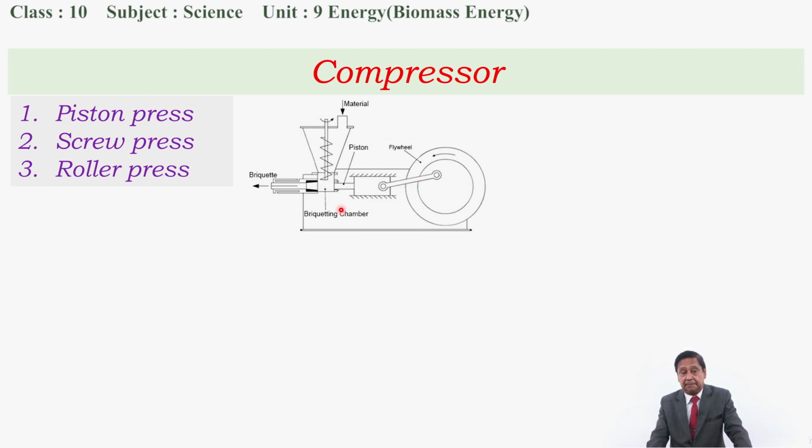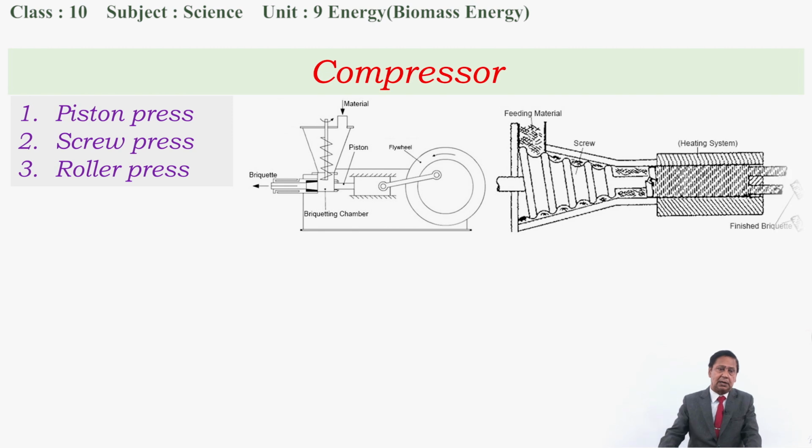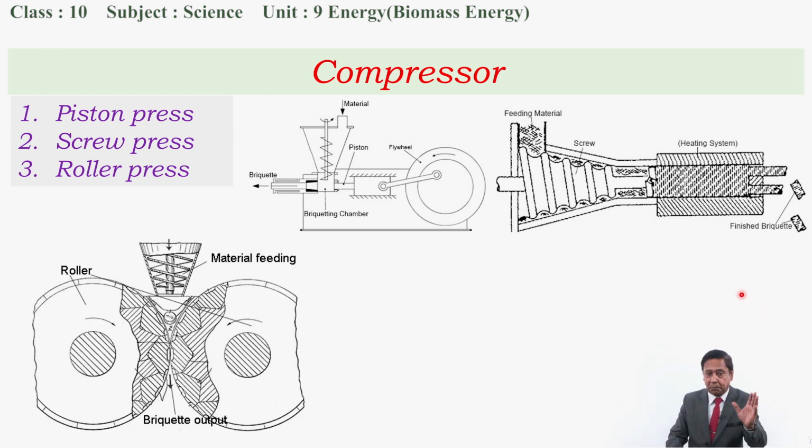Here is the piston. In the same way, there is another, the screw press. Biomass material is fed into it, and when the screw is rotated, it is pushed forward and comes out in pieces, which are actually briquettes. In the same way, there is another, the roller press, in which we feed the material and it comes out as a briquette.